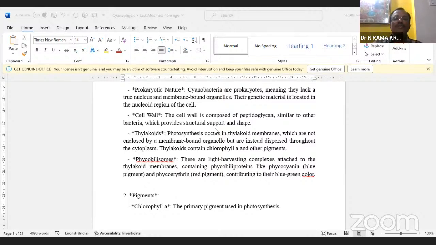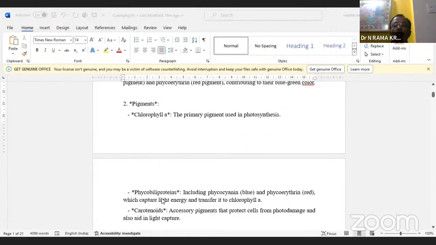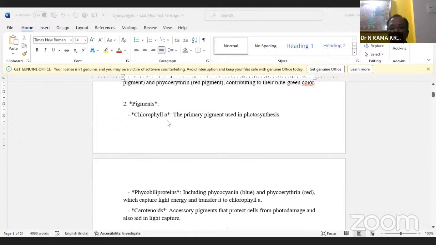Similarly, now you see thylakoids are there. And next, there are special types of pigments, different types of pigments: chlorophyll A, phycobiliproteins, and carotenoids. These are the three types of pigments we see in cyanophytic algae.